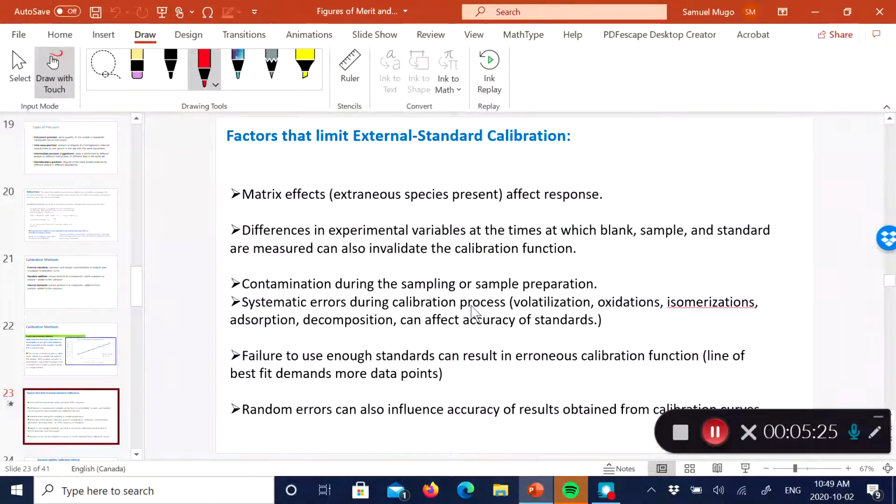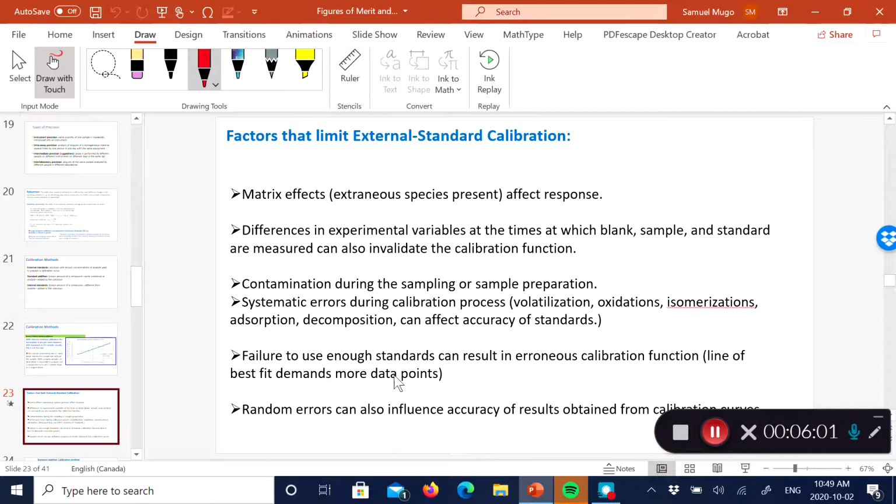Remember, lots of things could happen because you're dealing with a chemical that can undergo vaporization. Some of it could get lost. It can undergo other chemical reactions, such as oxidation if you expose it to air and so forth. And so you may end up losing a bit of the sample as you take it through all the different steps of sample preparation. And so that is not accounted for in the external calibration method.